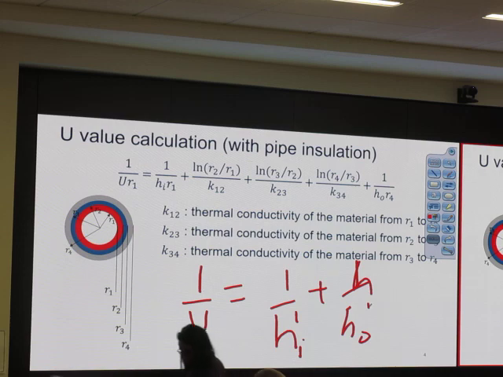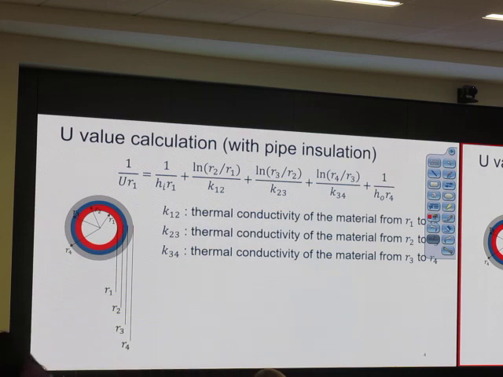So it is a net heat transfer coefficient that accounts for every restriction. If I have very good heat transfer over here, very good heat transfer over here, but bad heat transfer over here, the U value will be the lowest of them all. Make sense to you?